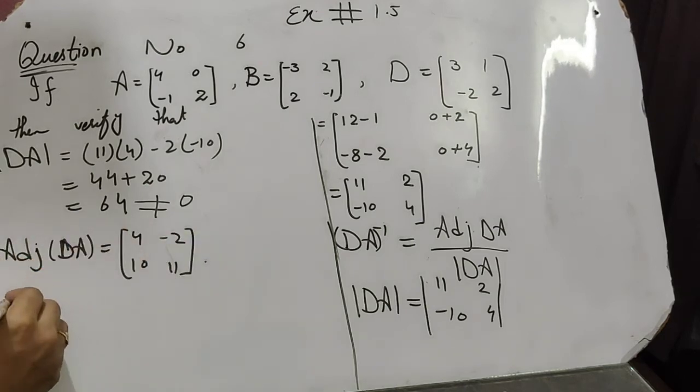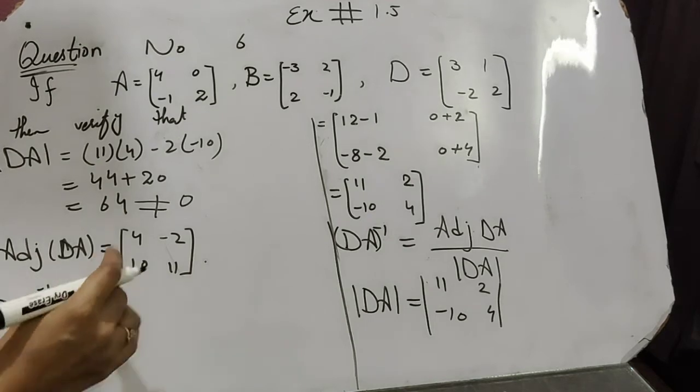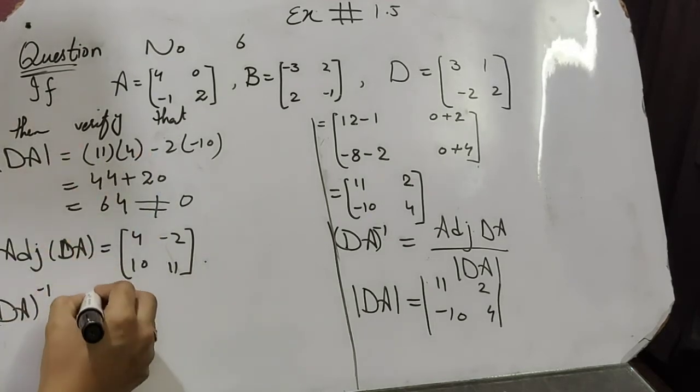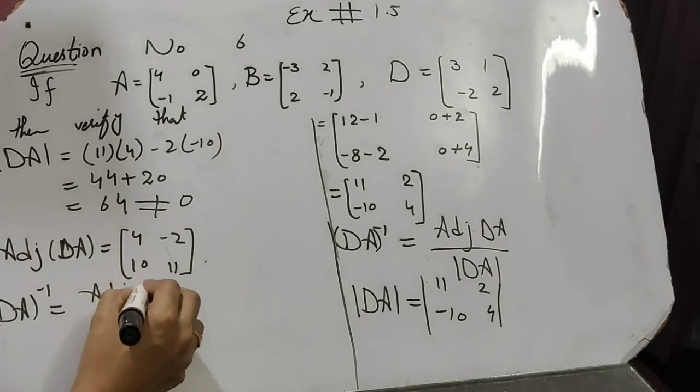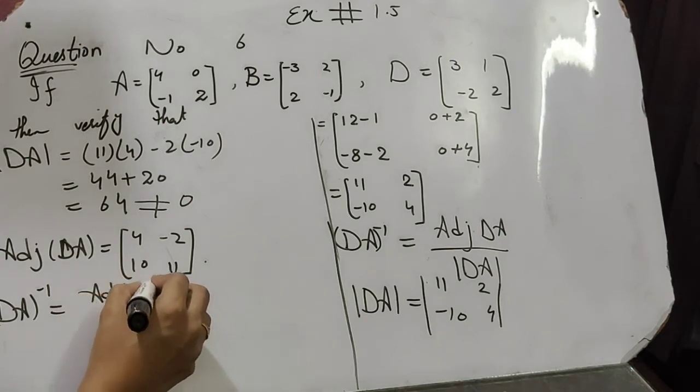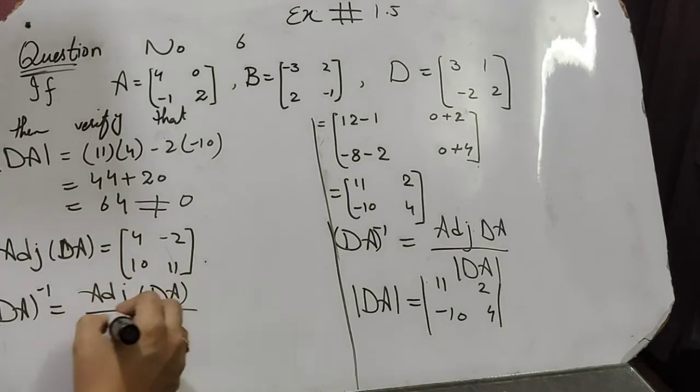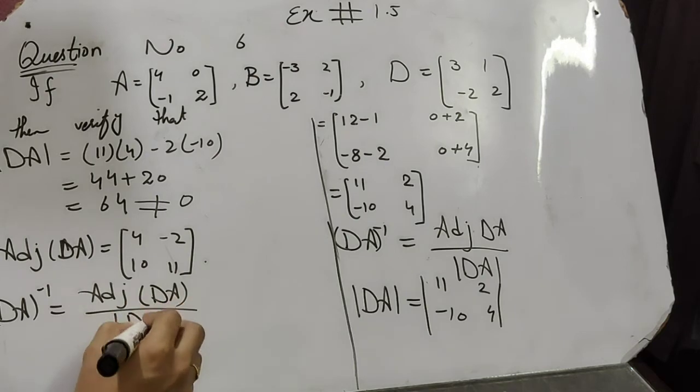Okay, now we find the inverse of D into A. Put the values in this equation, adjoint of DA over determinant of DA.